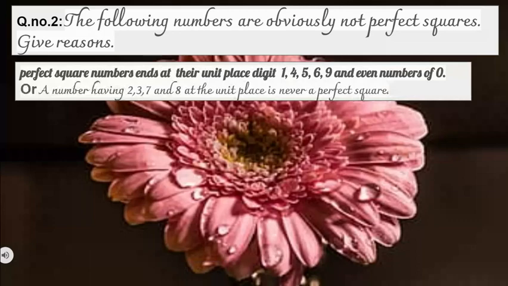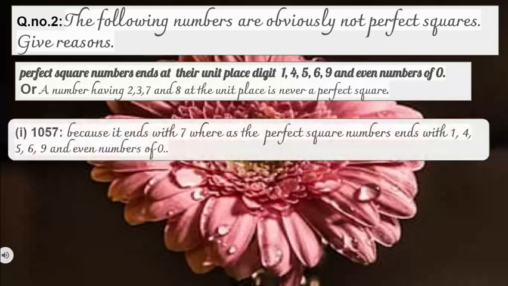See, first we can see the first number. What was that? 1057. Okay. Now we have discussed a few rules, isn't it? That is the first property which helps us to decide whether a number is a perfect square or not. So let us quickly recall the rules by looking at the number. How can you say if it is a perfect square or not?